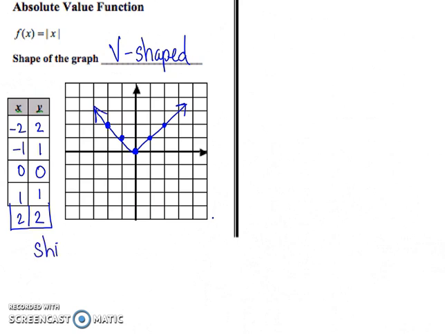And of course, just like the others, we can have a shifted version of this graph. And our shifted version is going to look like f of x equals a times the absolute value of the quantity x minus h inside the bars plus k outside the absolute value bars. So these are the parent graphs that you should study and know so that when you have to graph them and you have to graph transformations of them, you don't necessarily have to build a table each time.